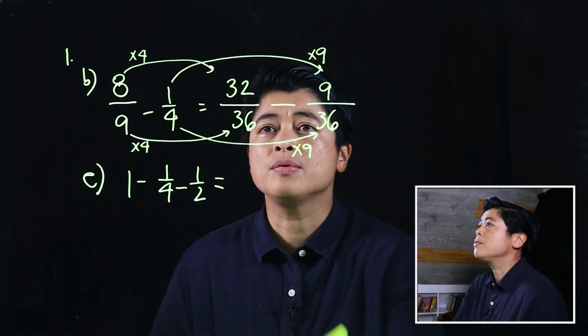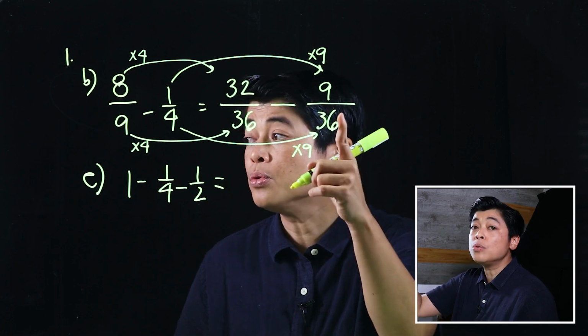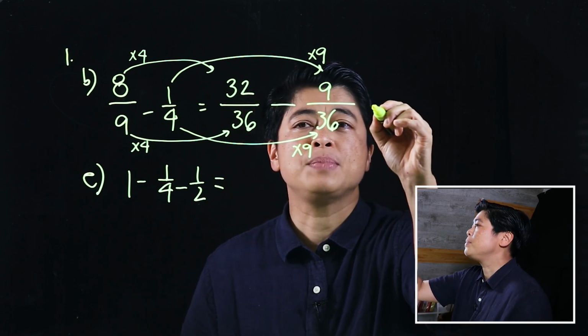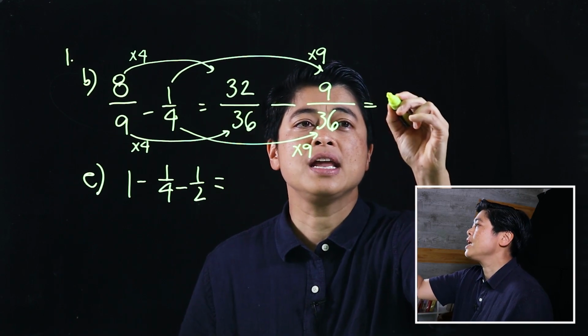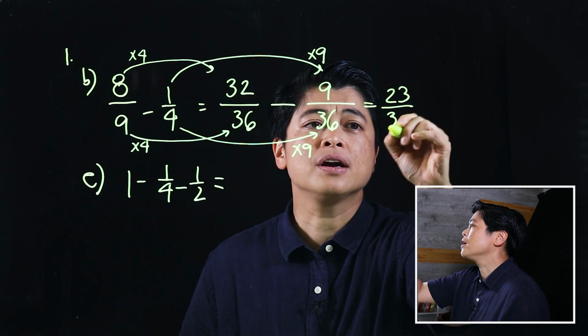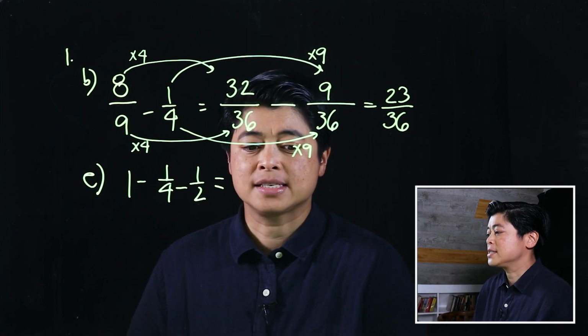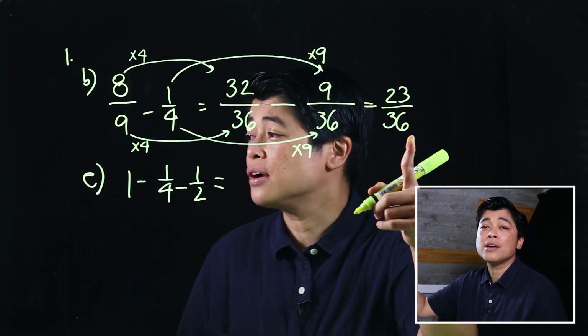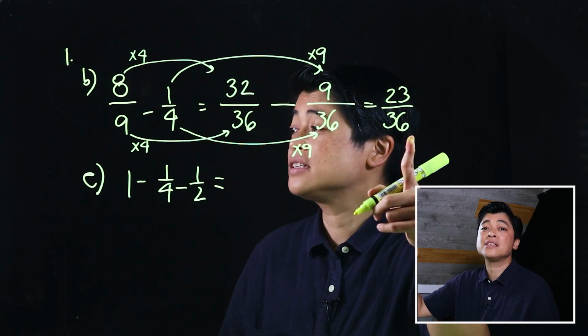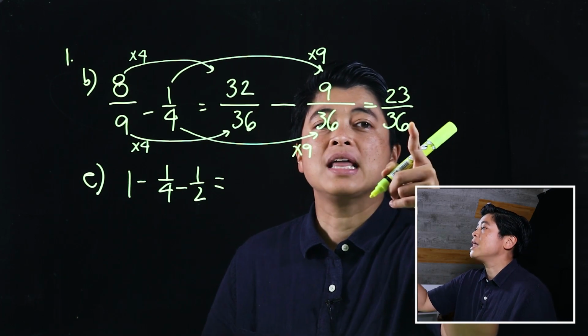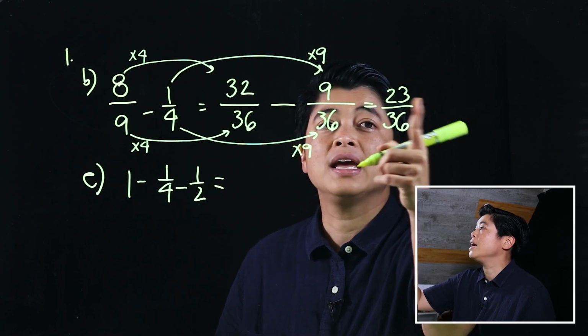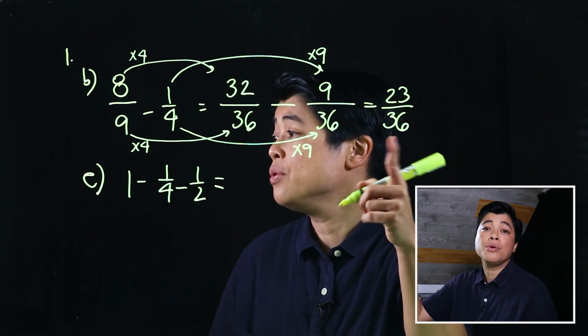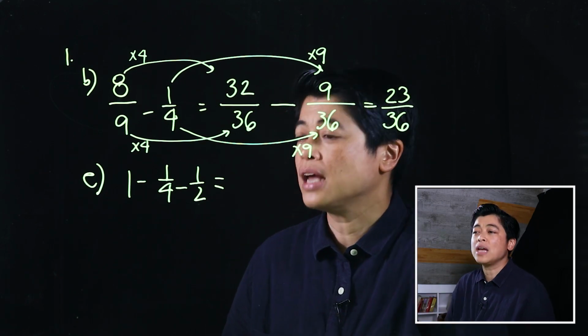So here, we subtract the 9 from 32, which means this will be 23 over 36. This is already in its simplest form because that's an even and that's an odd, and that does not go into 3. So therefore, we're done with that.